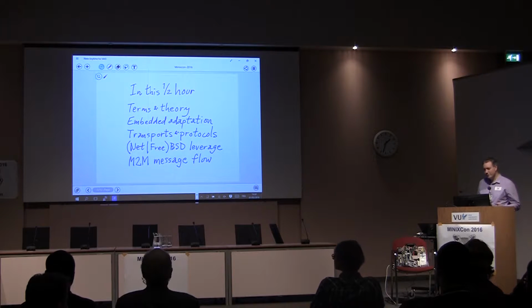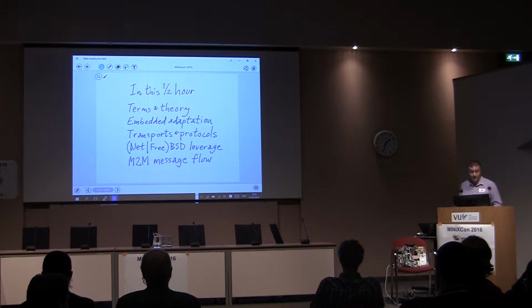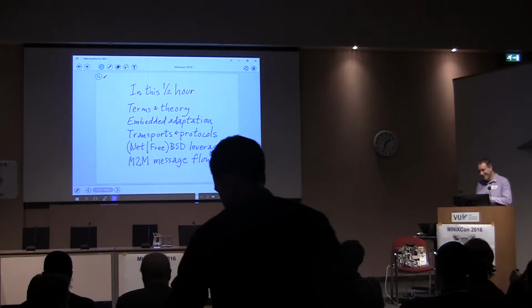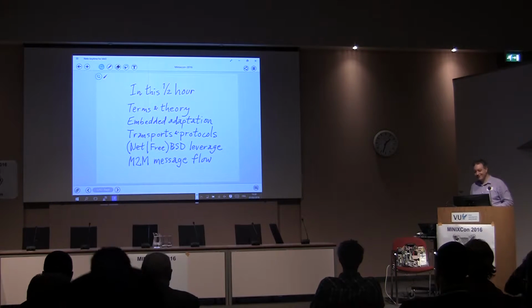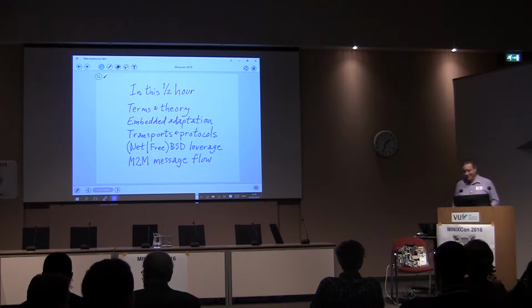We're going to start with some terms, just so that we're on the same page, to understand what the terminology and the basic concepts of connected devices and IoT are about. We'll take a look at embedded adaptation, using or abusing some of the fine work that Thomas did, who is in this room. So I'm very happy that he provided so many nice things for our MINIX.